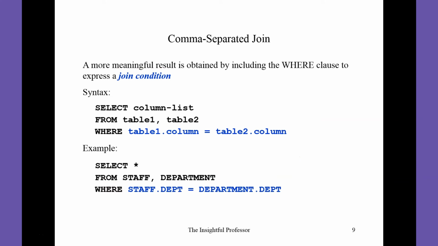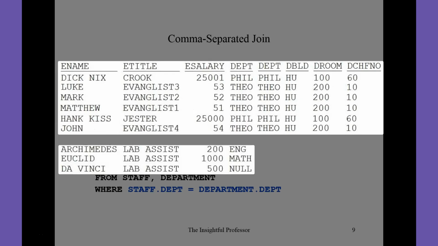The result should include no more than 9 rows. In fact, given the current content of these 2 tables, there will only be 6 rows in the result set. This is because some staff members are assigned to departments that are not present in the department table, and some departments currently employ no staff members.